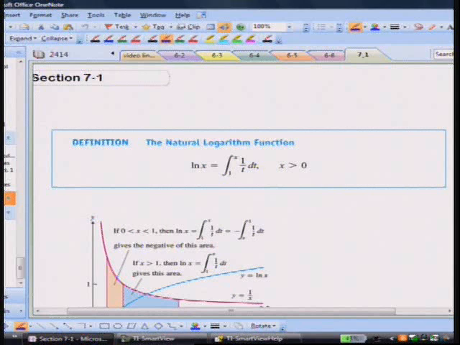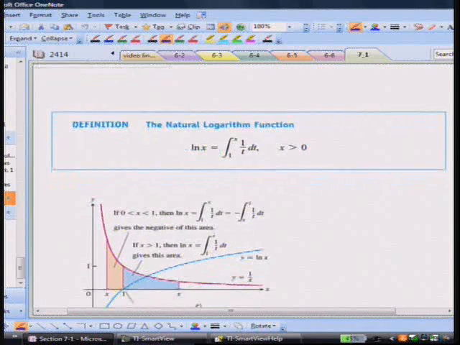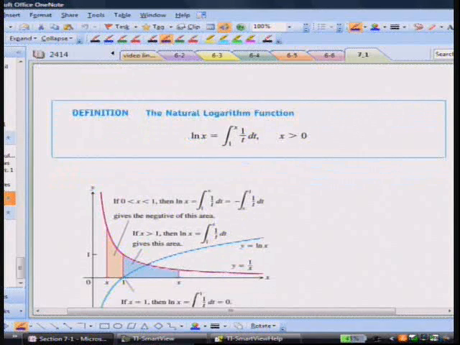So just looking at the notes from the textbook, we actually in calculus can define the logarithm. In pre-calculus, you define the logarithm as the inverse of the exponential, and the exponential we just sort of came about with. I mean, the exponential function e to the x.